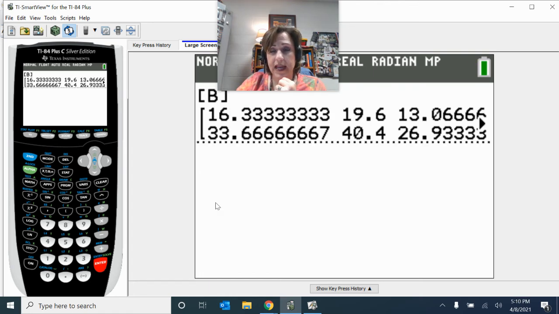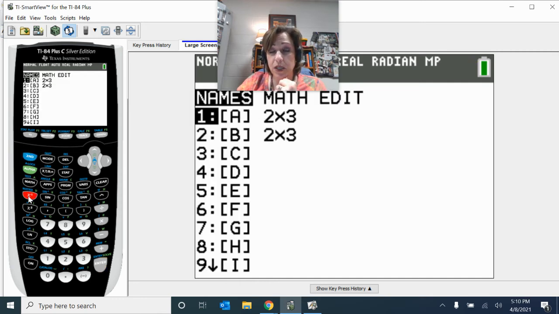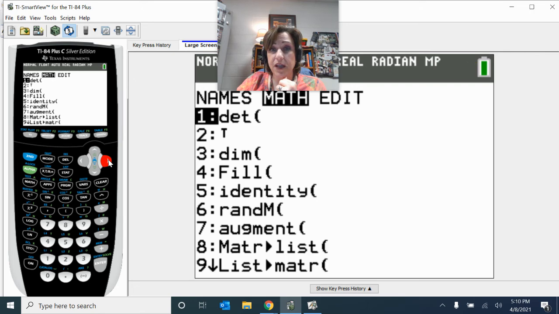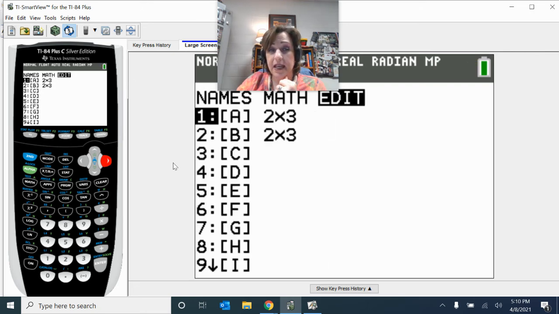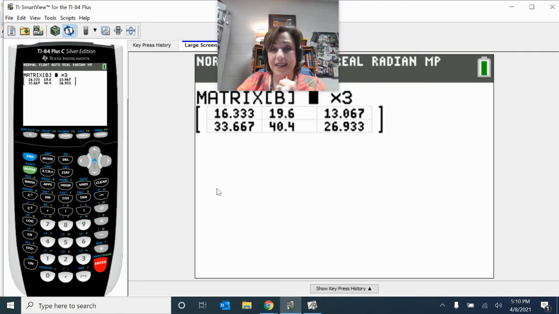Enter. Okay. This has a lot of decimals. It will actually be easier and better to see if you look at it in edit mode. So watch this. If I go over to edit and then go to matrix B, that's a bit nicer.